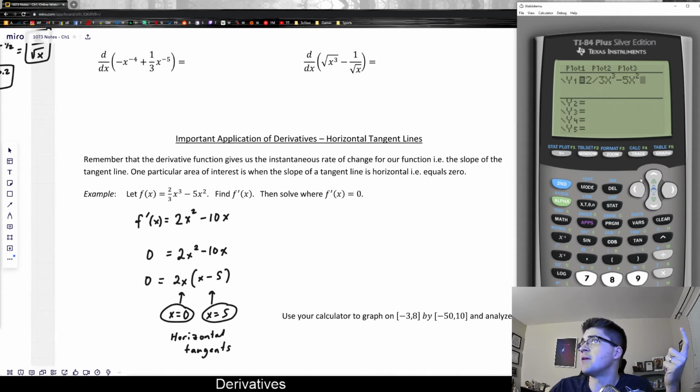So I'm going to type f of x into my calculator, graph, and see what I got. And it says to use a different window. I'll use from -3 to 8 on the x-axis and -50 to 10 on the y-axis.